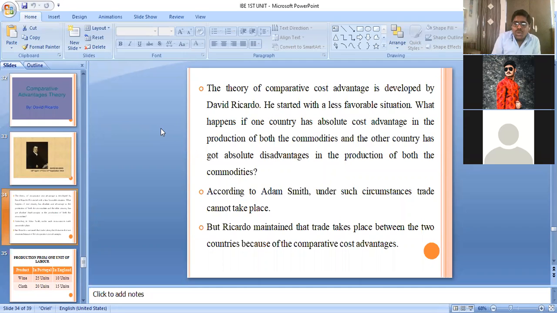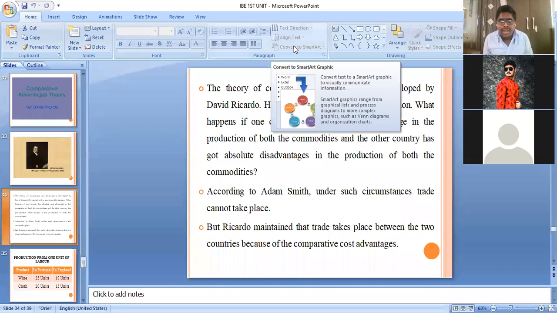But according to Adam Smith's circumstances, if this happens, a trade cannot take place. What will Adam Smith say? If one country has advantages in manufacturing both products, and the other country has disadvantages in both products, Adam Smith says export and import cannot happen.